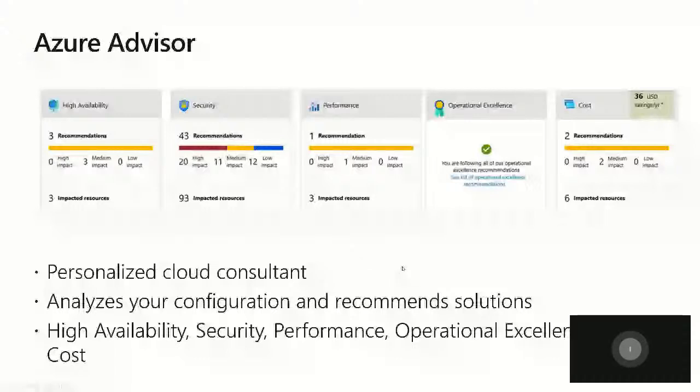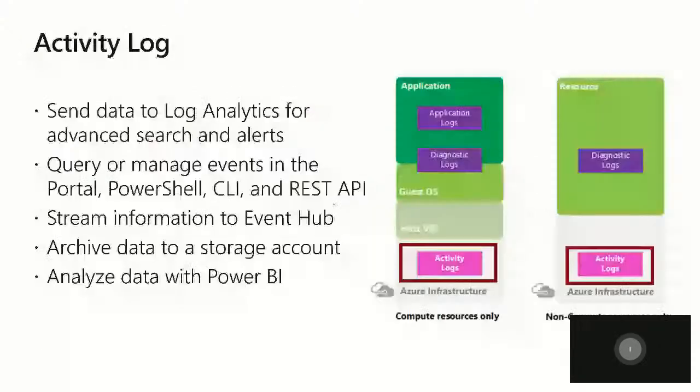So now the activity log is basically what the operators are doing on your resources. For example, it can be a custom operation, it can be deleting things, adding things, modifying things. So those activities are logged, and you can send it as well to Log Analytics to be able to query it.